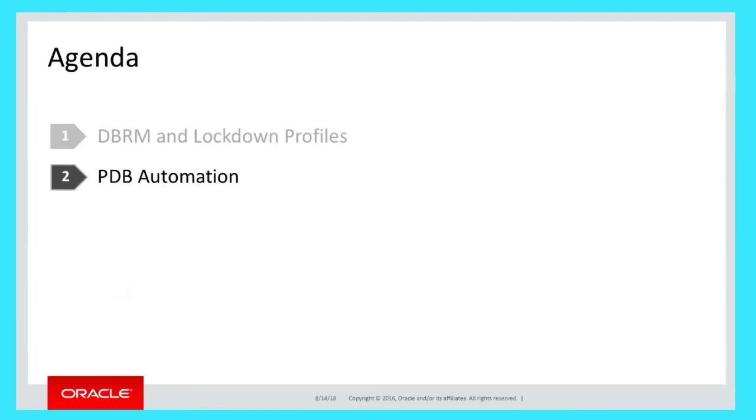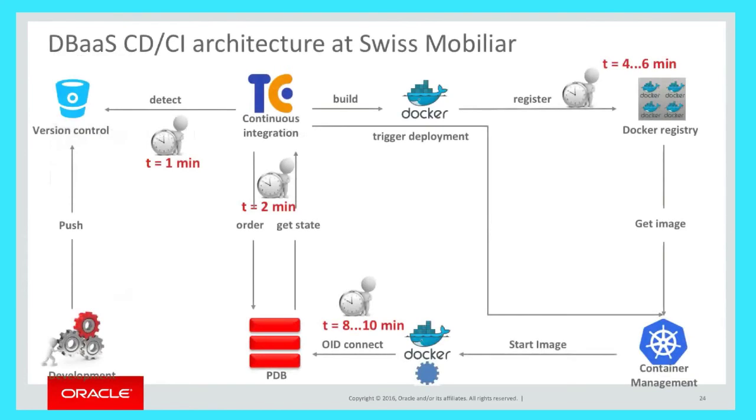You're going to define a lockdown profile and apply that lockdown profile. Then you've got a predictable entity that you can manage in terms of life cycles. So in this case, it's a PDB with compute scoped to that PDB. So now it becomes a management entity for automation.